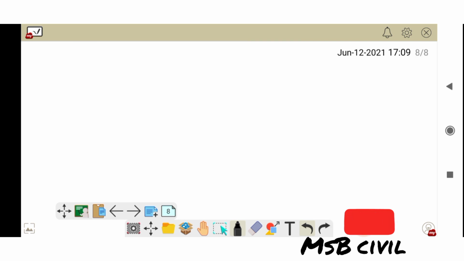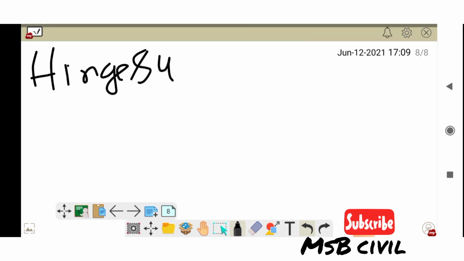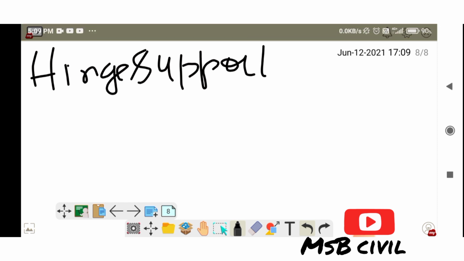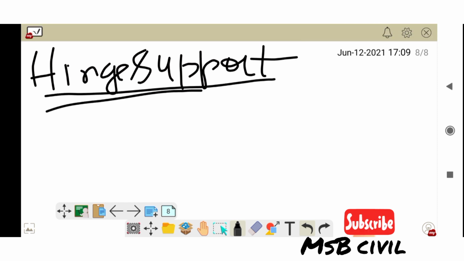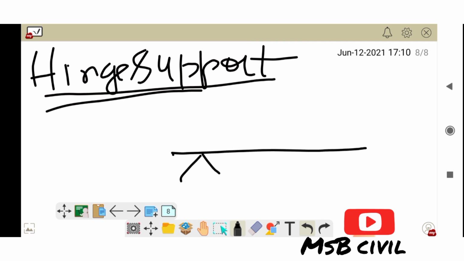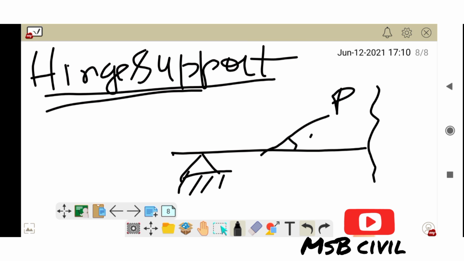Now let's learn hinge support. The hinge support diagram depicts it like this. This is a horizontal beam. Here a load P is acting, creating angle theta.